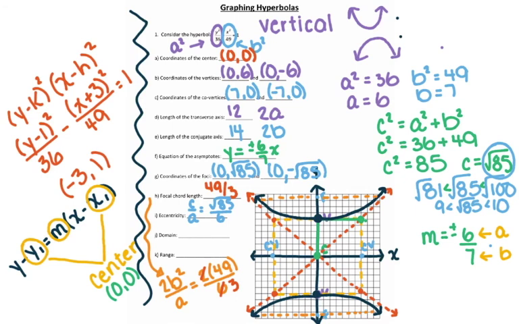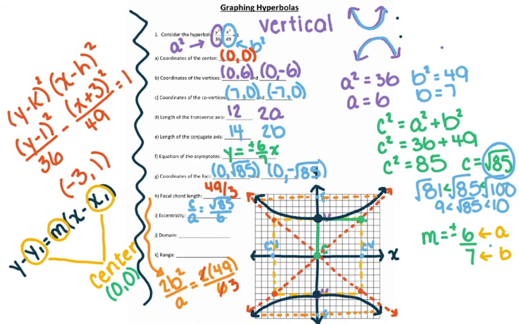Now the eccentricity with a hyperbola is always going to be greater than 1. And the further away it is from 1, the flatter the wings are, the more they approach the shape of a line. If they're more inward, like these ones that I drew here, these will be closer to 1. They'll have a smaller eccentricity.